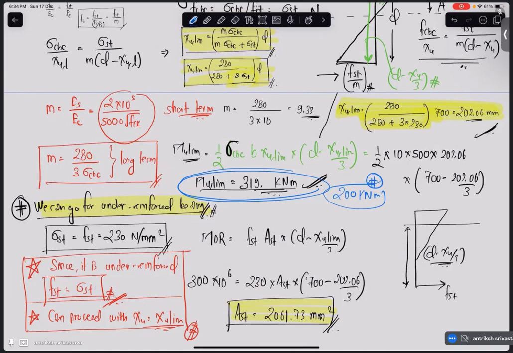In that case, we will have to provide more reinforcement so that we can resist the given stress. In that case, we have to design an over reinforced beam.